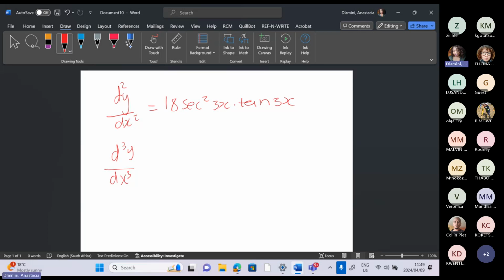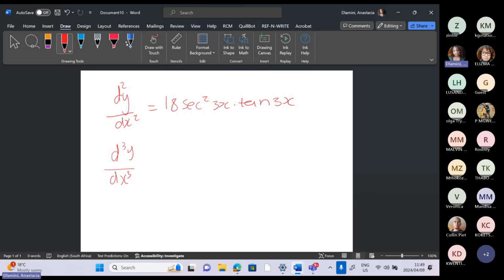Give me the answer for the third derivative by looking at it. Since we don't have a derivative for sec squared, we do what we did last. Okay.